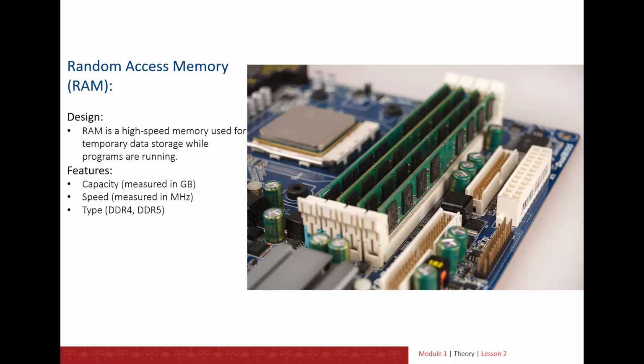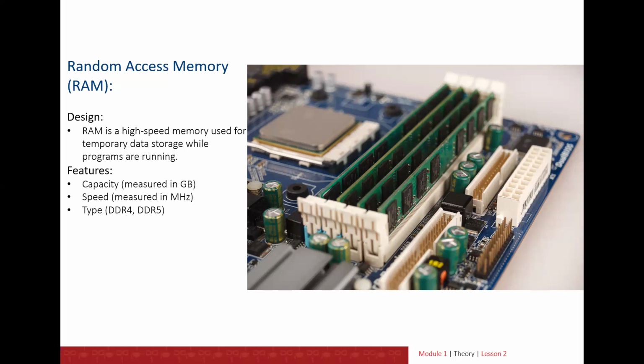This allows the CPU to access it quickly. As RAM is significantly faster than traditional storage, the more RAM your system has, the more data it can handle simultaneously, leading to smoother performance, especially during multitasking operations.